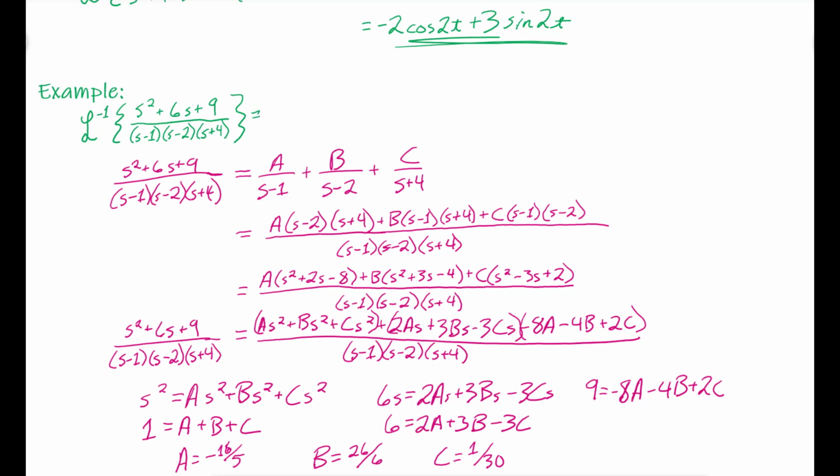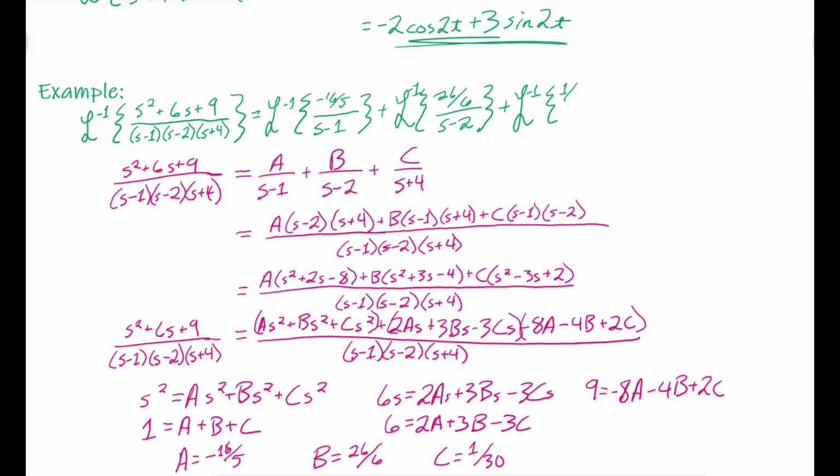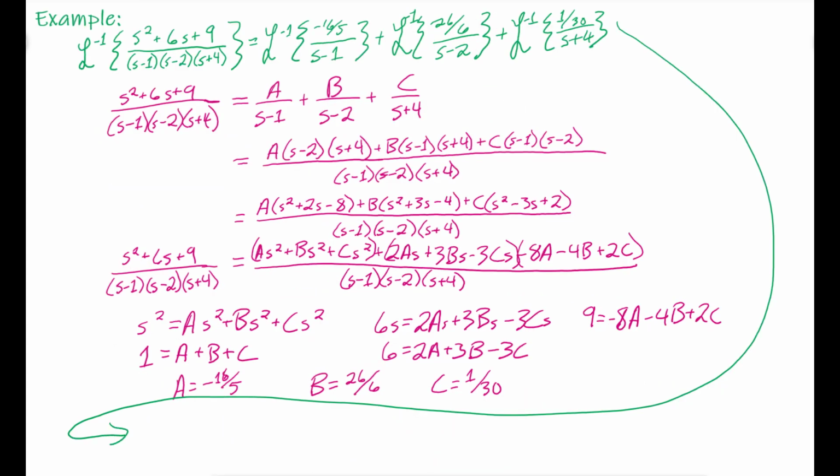So what we're really doing is taking the inverse transform of negative 16/5 divided by s minus 1, plus the inverse transform of 25/6 over s minus 2, plus the inverse transform of 1/30 over s plus 4.